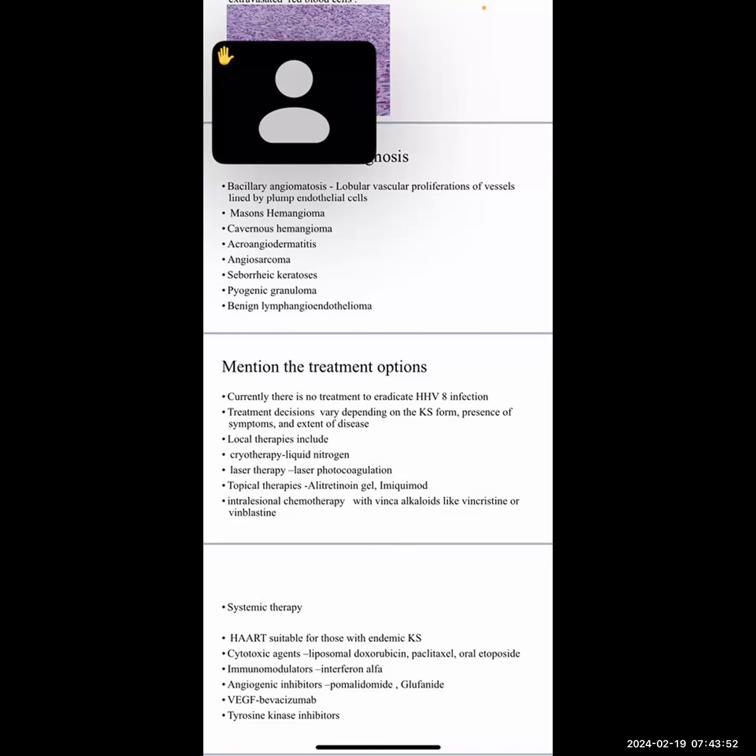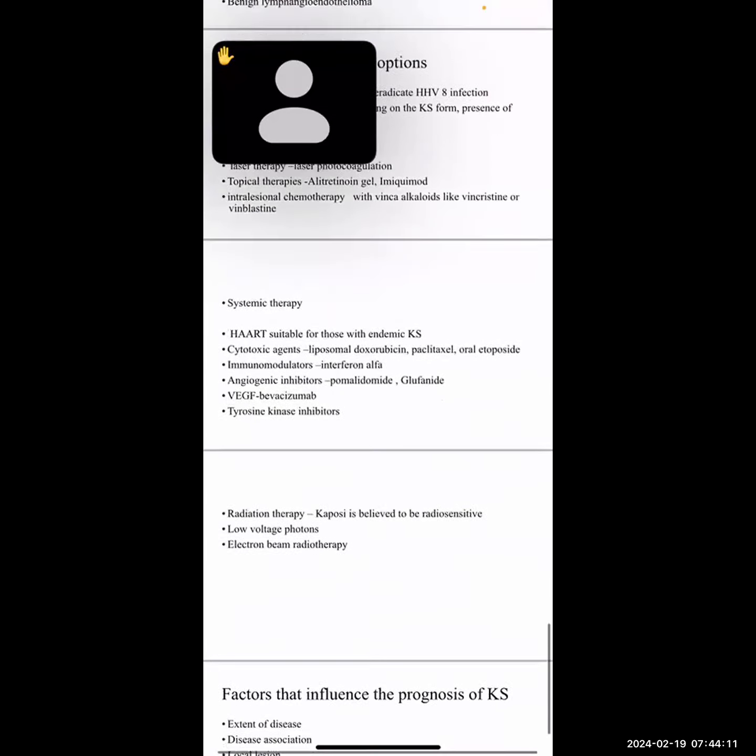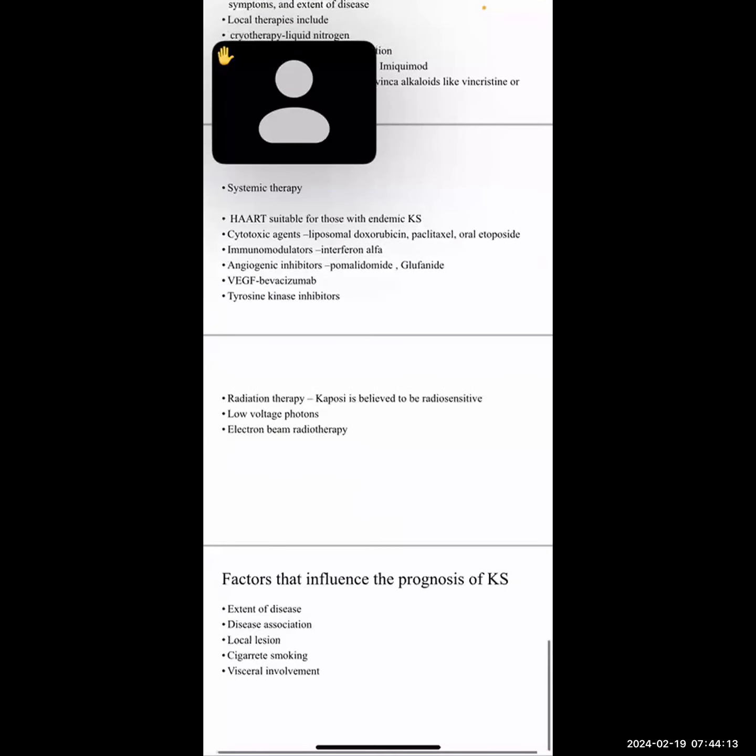When you're talking about SK, I think you're trying to remember the term eruptive seborrheic keratosis, which is usually seen in association with internal malignancy. Then for the poor prognostic features, in addition to what you have said, it depends on the stage at which the patient presents, so Kaposi appears in stages.